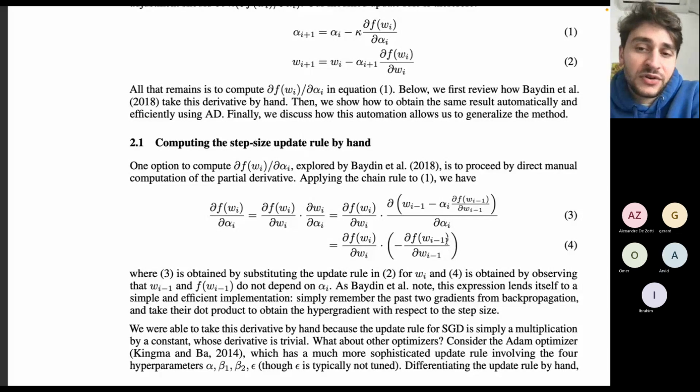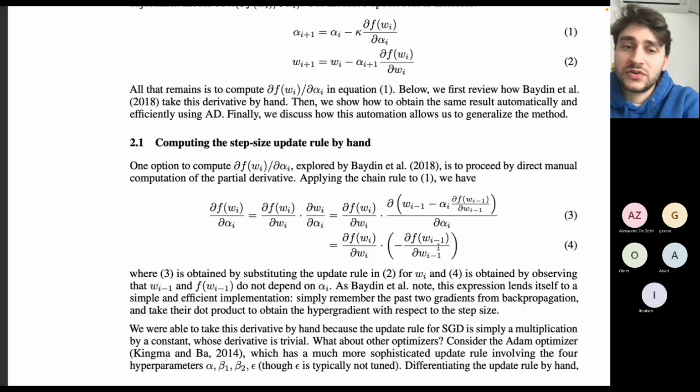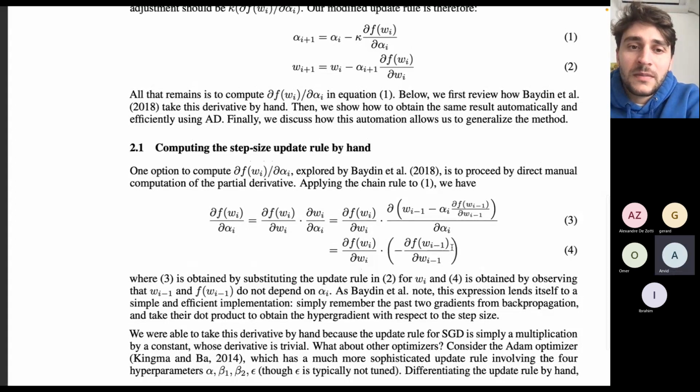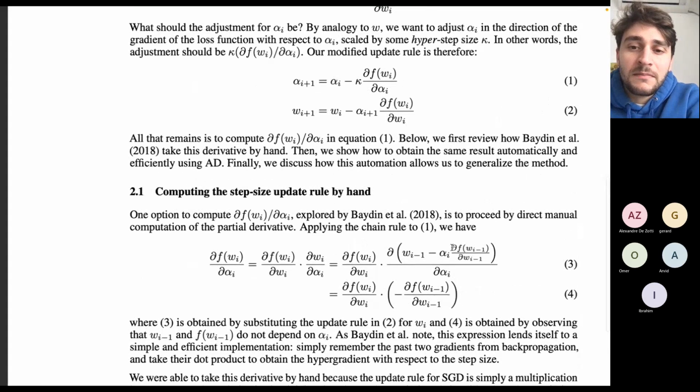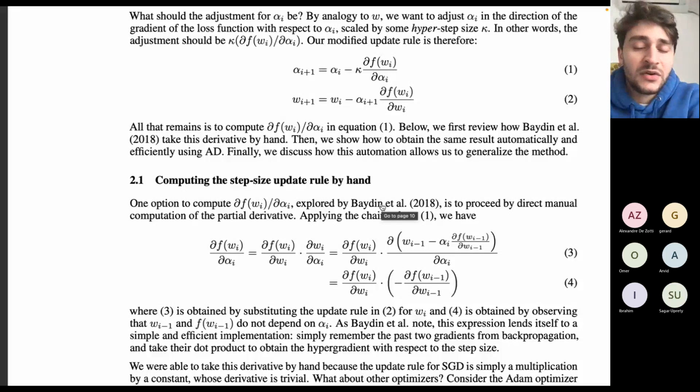You have to keep track of your gradients with respect to your weights from the previous iteration in order to do it, but it's fairly straightforward. And so what the authors did is calculate a manual gradient, or do a manual computation to calculate the gradient, and probably just hard code it.